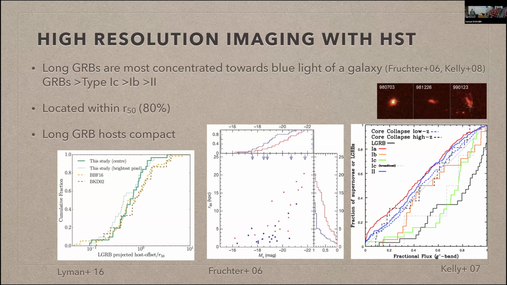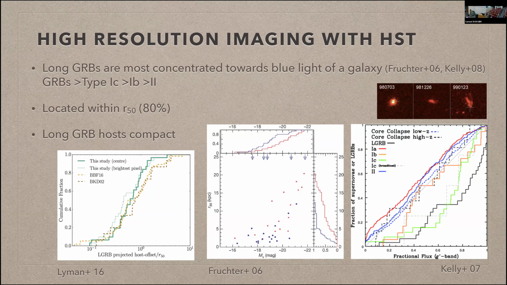Okay, so what was also done very early on is to try to get HST data to see how the hosts look, first of all, and second, where the actual GRB is located. And so we found that, for example, a lot of GRB hosts are actually rather compact, and that the GRB is located within the R50 radius of the host, so that's actually rather close to the center.